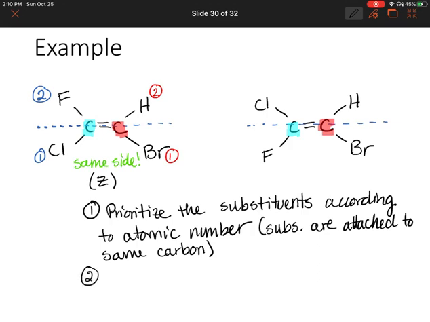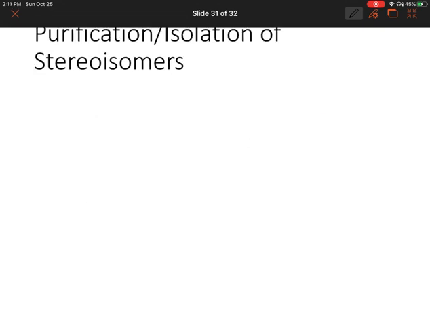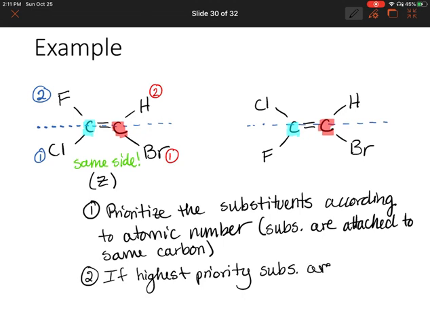So our second rule here: if the highest priority substituents, and I'm just going to abbreviate that as subs, are on the same side, that equals Z. Opposite equals E.